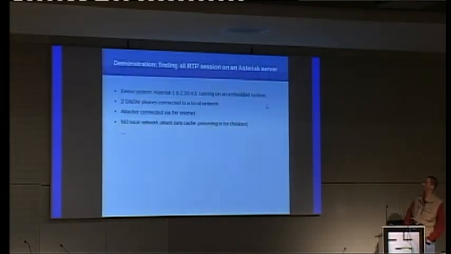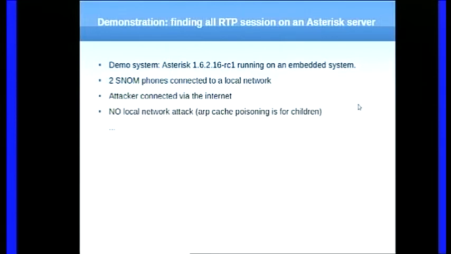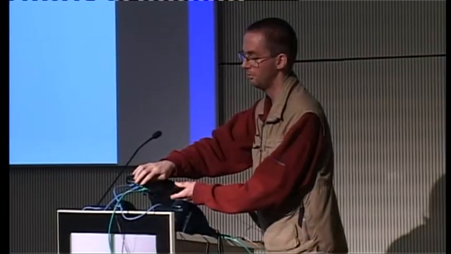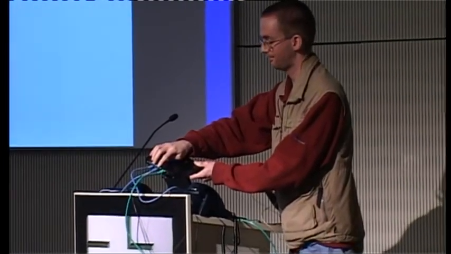So we'll have a few more simple demonstrations, but they show what you can do, and then maybe you can do this as your homework to implement something like that. What I'm demonstrating is I have an embedded system here, some x86 PC Engines box with 3 network interfaces. 2 of them are bridged together as a local network.